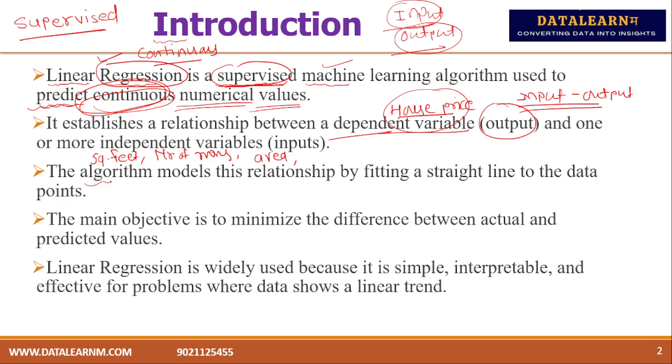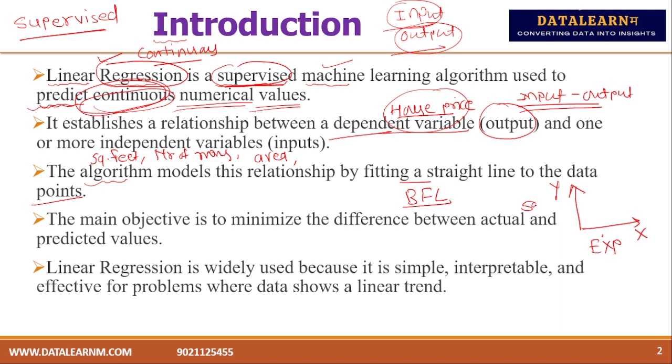Right. So the algorithm models this relationship by fitting a straight line to the data points. So what it will find, this straight line is nothing but the best fitted line. So it will be like this. Suppose we have the x-axis and y-axis. Suppose x is your input, I'm taking it as experience.